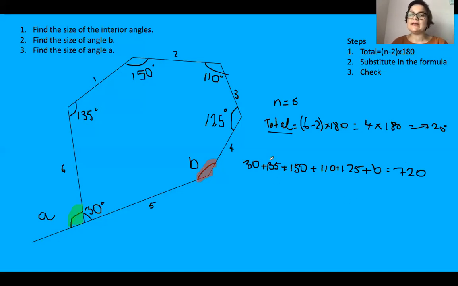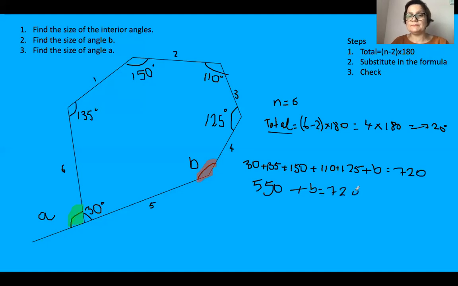Now, we can add all the numbers on the left. So 30 plus 135 plus 150 plus 110 plus 125, all of them make 550. So keep the rest as they are. So 550 plus B equals 720.